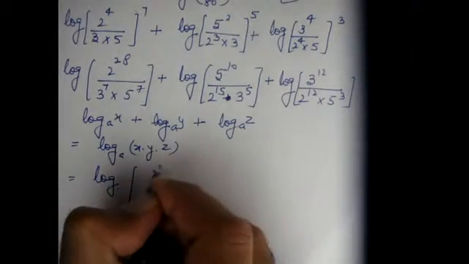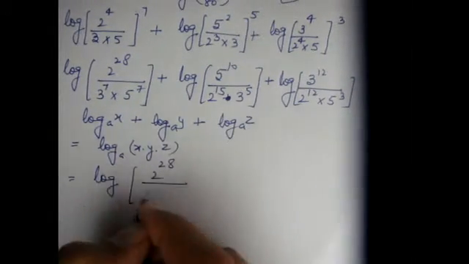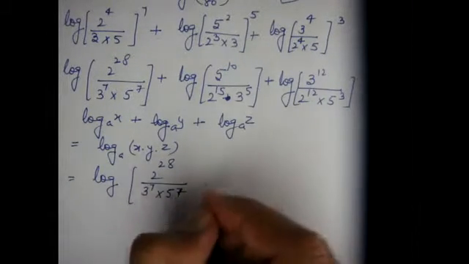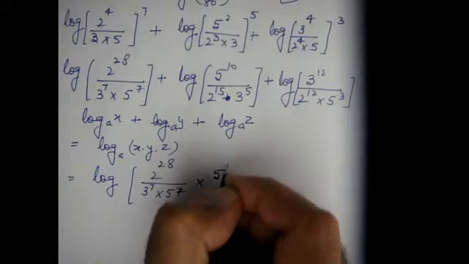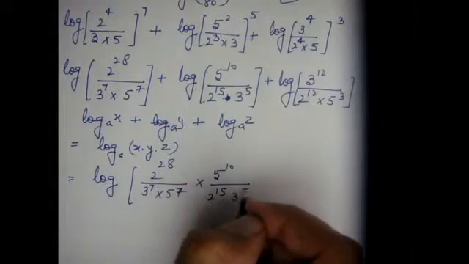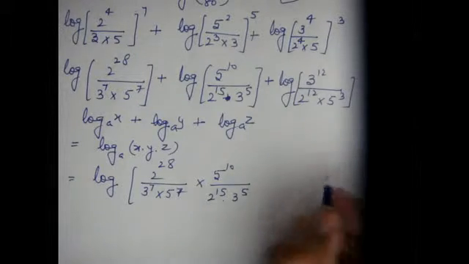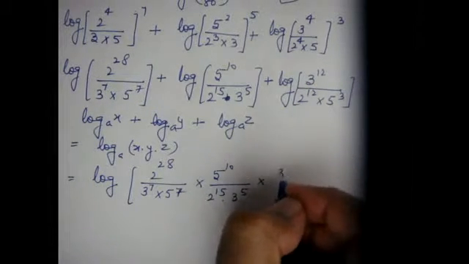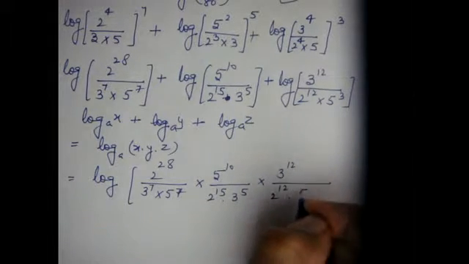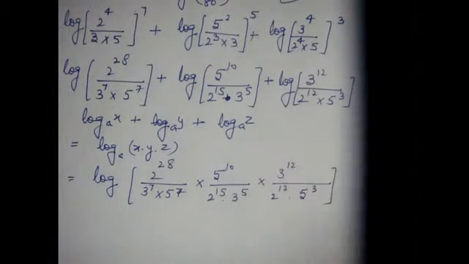So we will have 2 to the power 28 over 3 to the power 7 times 5 to the power 7, multiplied by 5 to the power 10, 2 to the power 15, multiplied by 3 to the power 5, times 3 to the power 12, 2 to the power 12, 5 to the power 3.